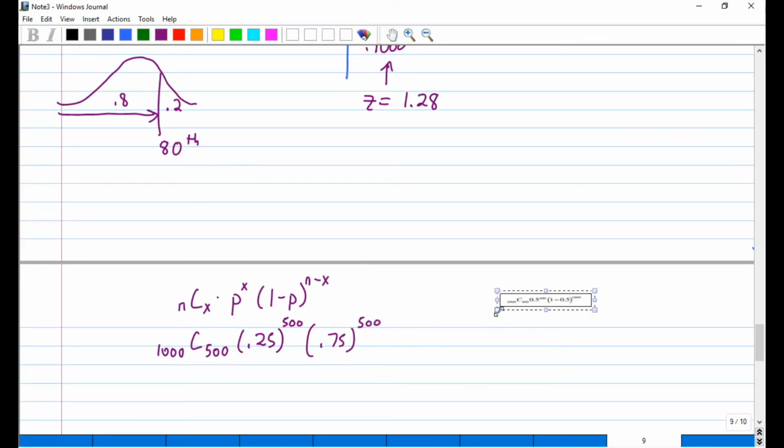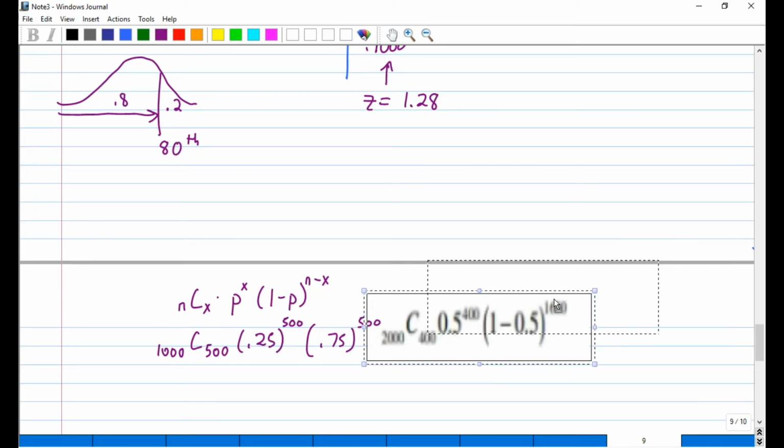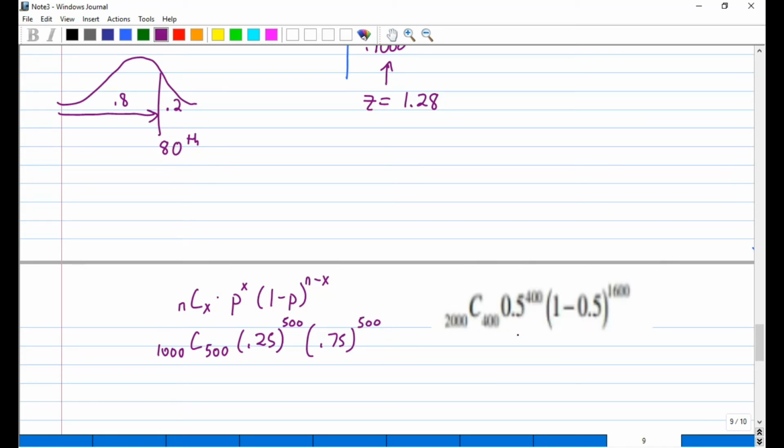It says, basically, back in the day, we couldn't do this very easily. That would take us all day long and probably the next day. There may be some shortcuts, but when you start multiplying all those numbers out, doing that combination, they get astronomical. Okay? However, by using the tools that we have now with normal distributions, we can at least find an approximation to what the actual answer should be.